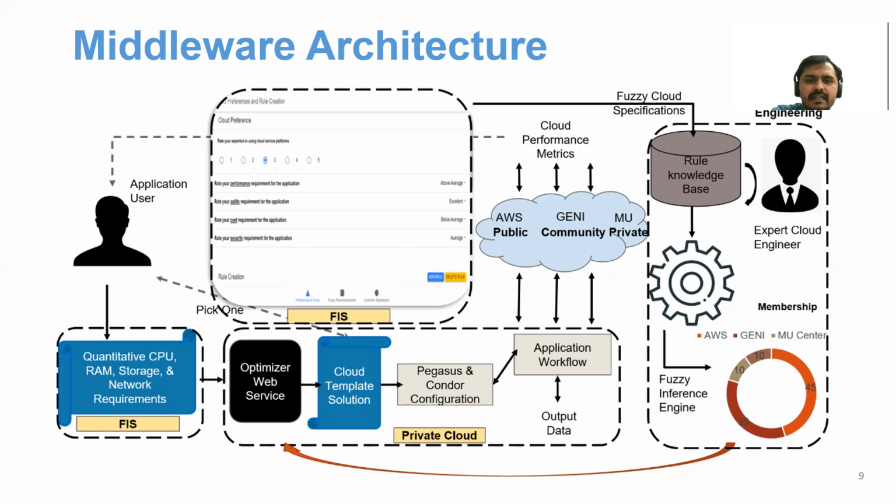Based on these criteria, rule engines or rule knowledge bases are developed for fuzzy inference. And if you see on the right, the fuzzy inference engine gives back different ratios for the cloud, and it basically suggests to the optimizer which cloud to pick for generation of cloud templates for the workflows of the user.